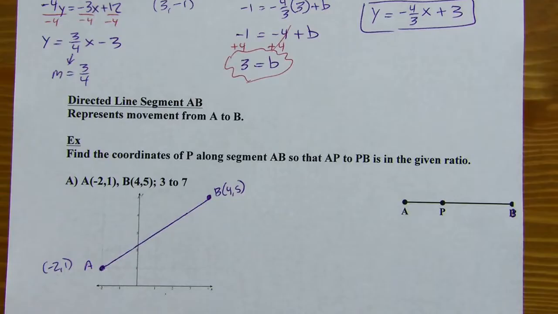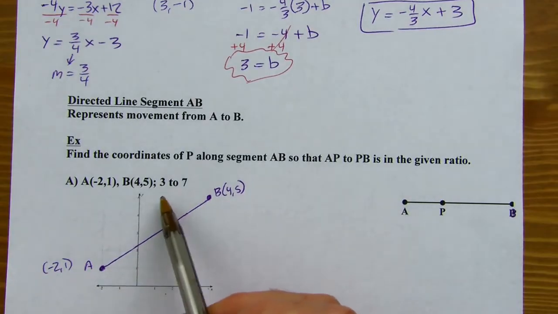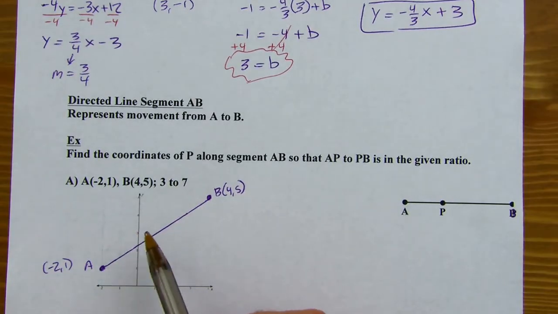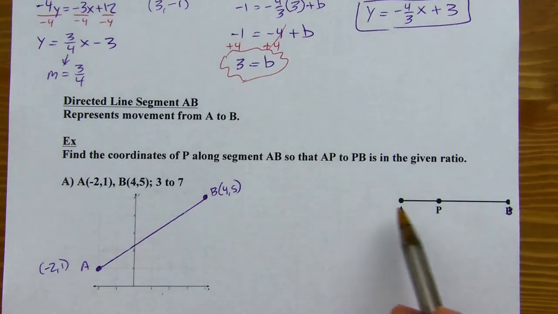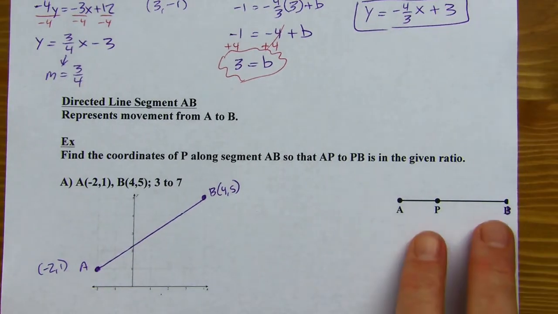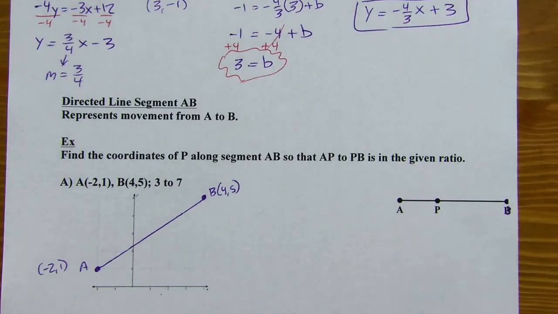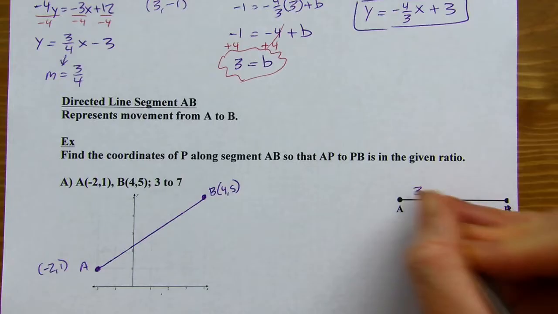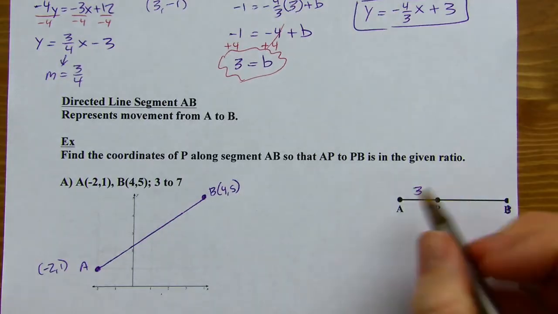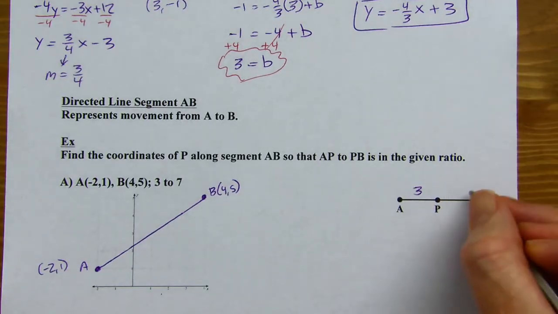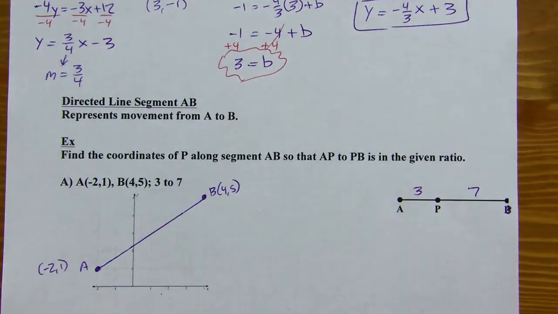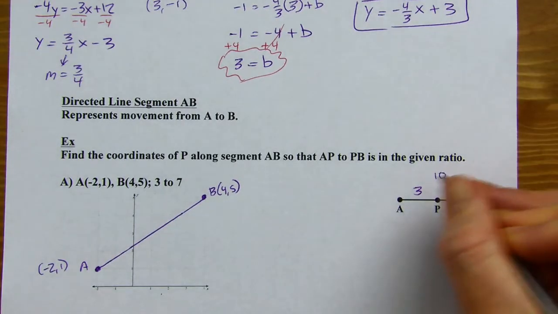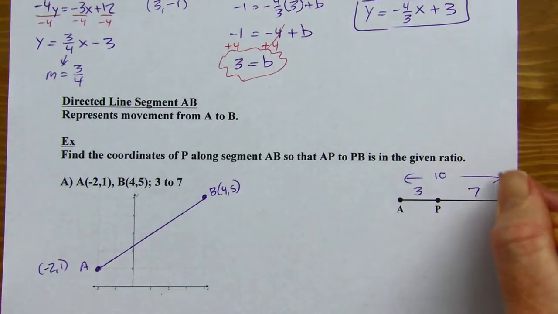All right, and we want this in a 3:7 ratio. What that means is that we're going to split AB into 2 parts, like I've got over here. So the first piece would be A to P. If this is 3 units, then this is 7 units, which means the whole thing has a length of 10 units.